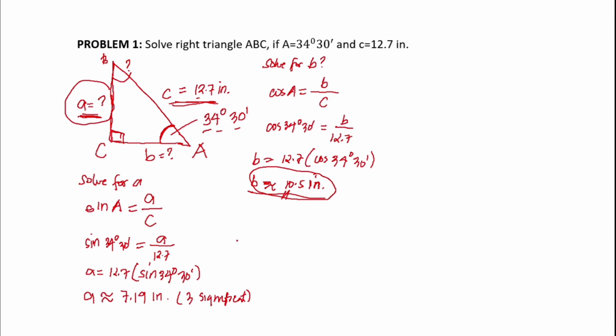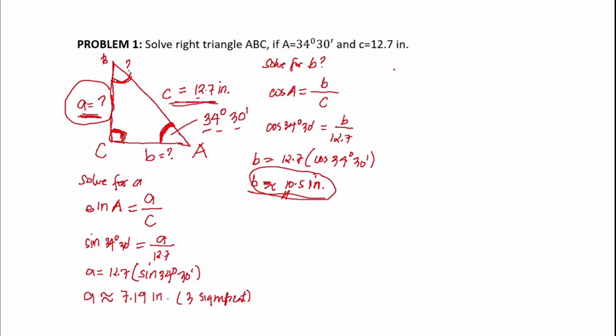So now we have the side A and the side B. Let's proceed with the angle B. In a triangle, the sum of the angles is 180. So we have reserved 90 degrees here, and this part and this part added together should equal 90 degrees.